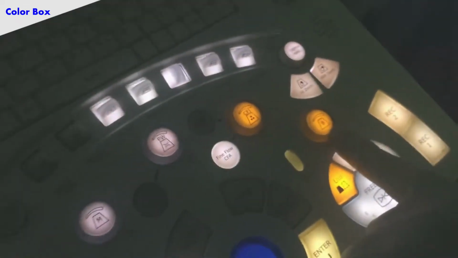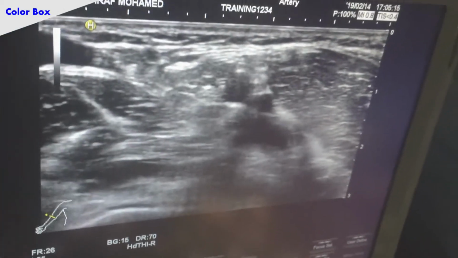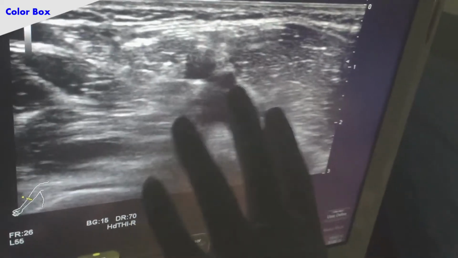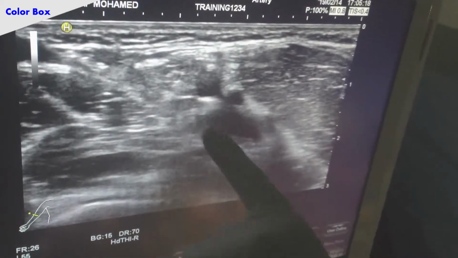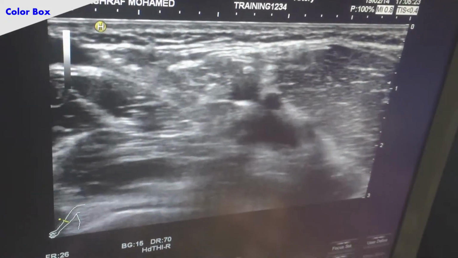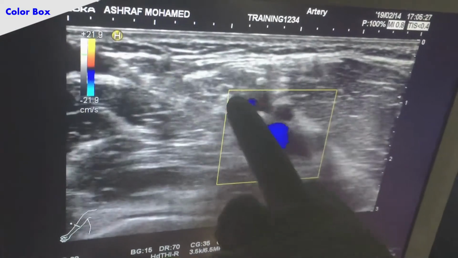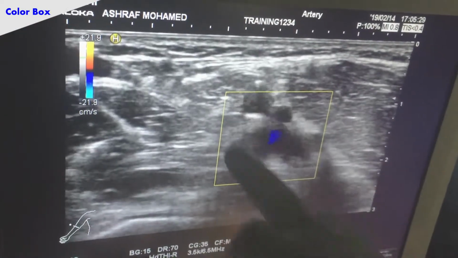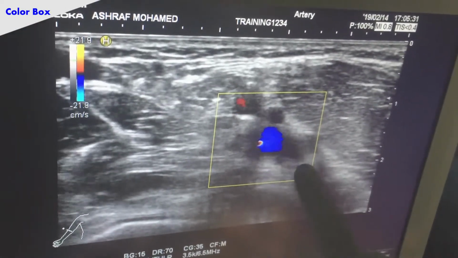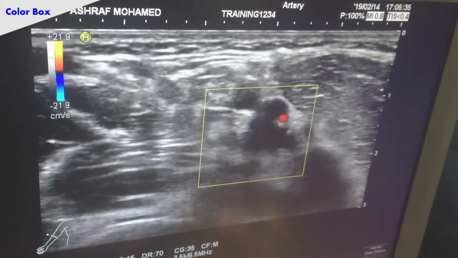But if you push B mode, it will remove that box. There is no box here. That means now the machine applies the physics of B mode. Here, to get a good image, you should be at 90 degrees to the vessel. But if you apply color, there should be an angle to test the velocity and the direction of the moving particle.